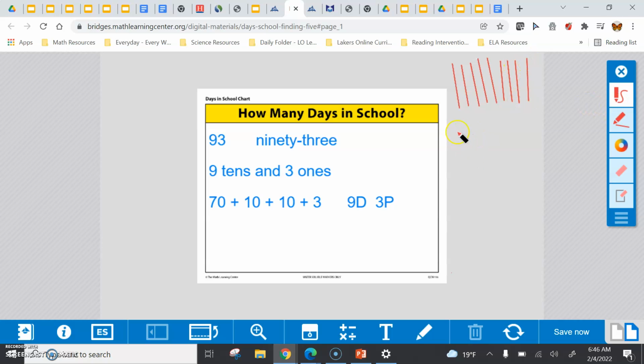And then we would have 1, 2, 3 cubes to help us have that 93 that we talk about here. Then we'd have 70, 80, 90, 93, which is equal to 9 dimes and 3 pennies.